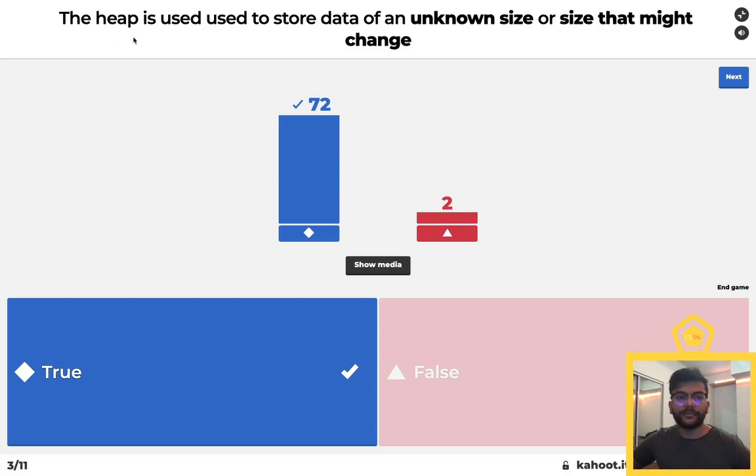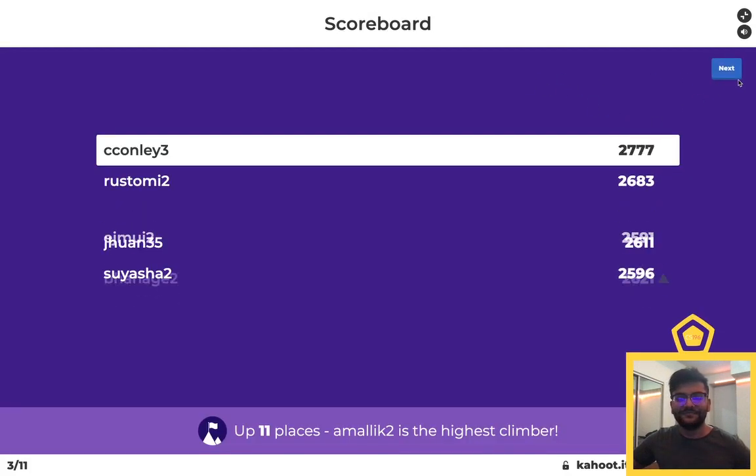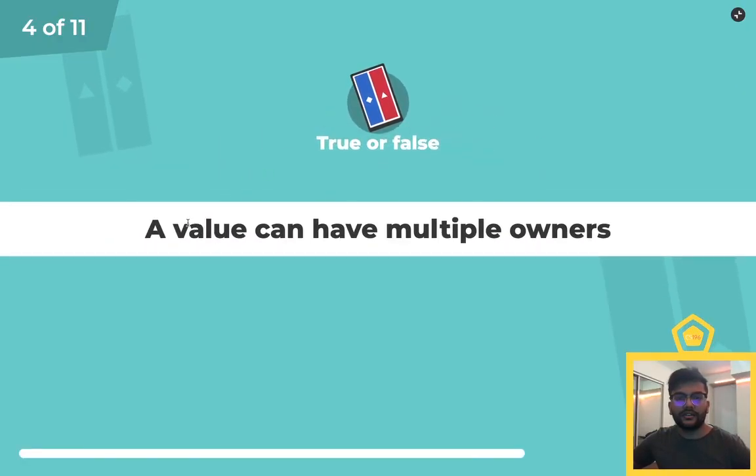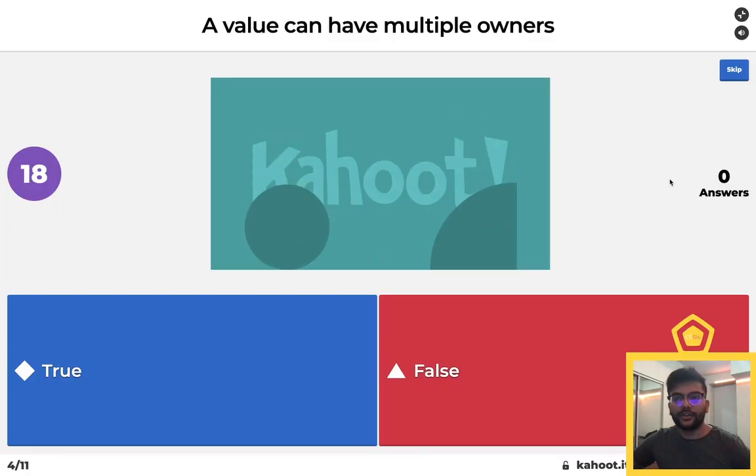So yes, the heap is used to store data of an unknown size or size that might change. You guys pretty much all nailed this question. Apart from you two. So true or false, a value can have multiple owners.